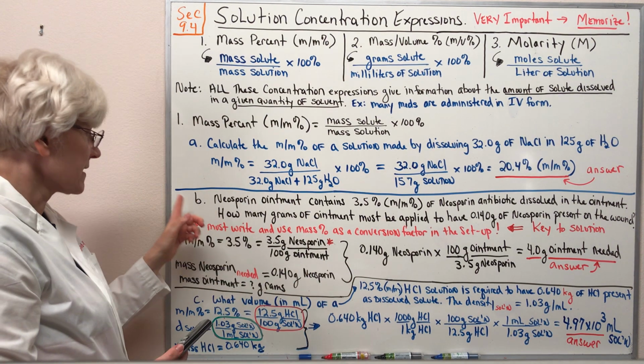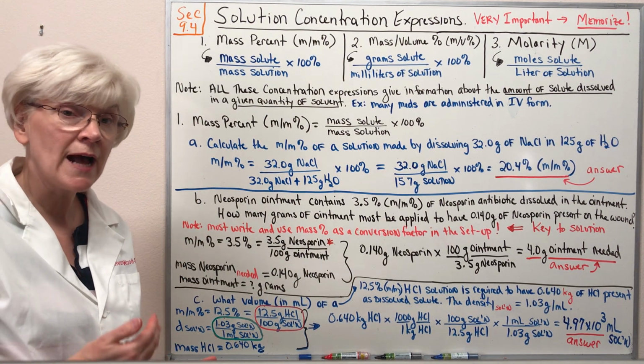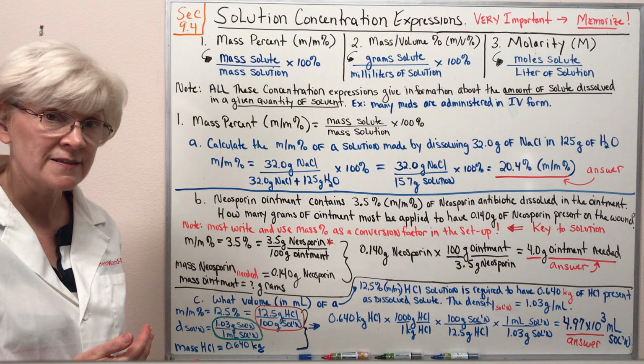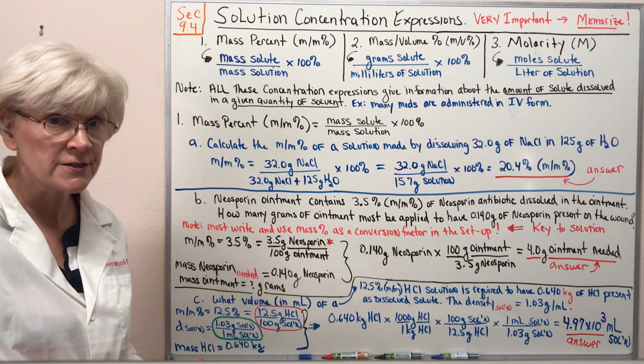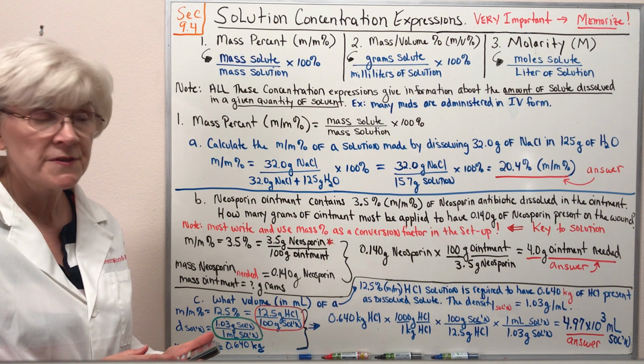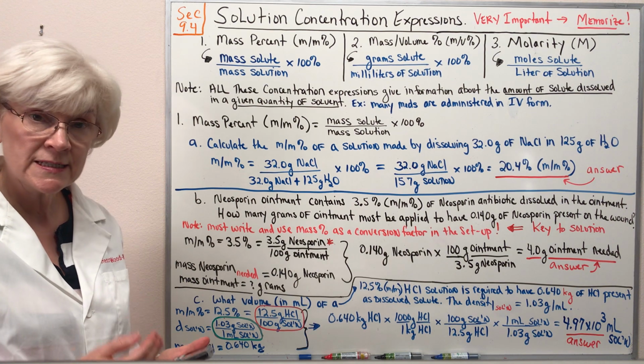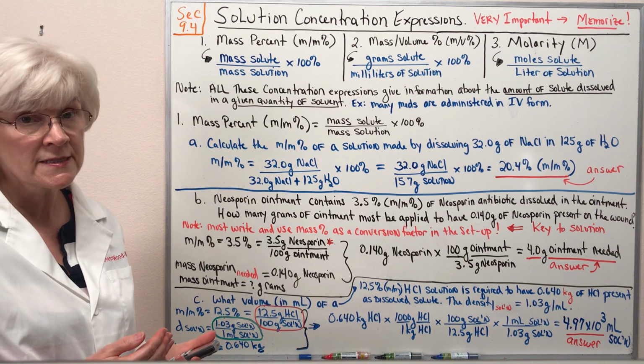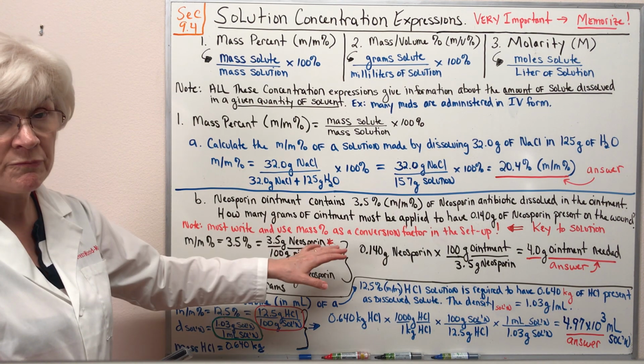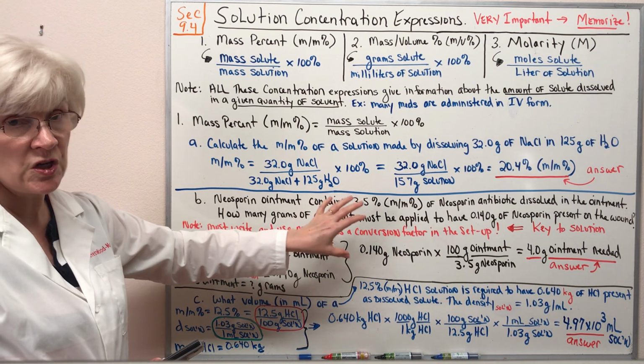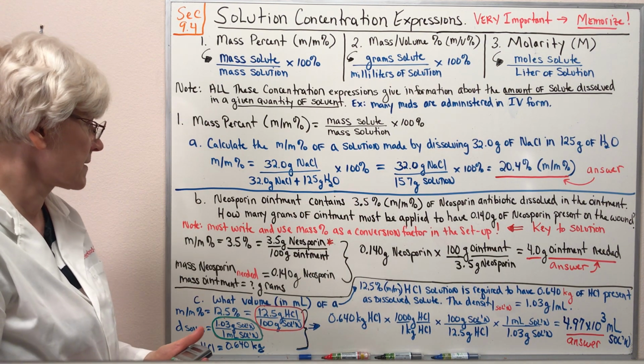In our second problem, we're going to illustrate how we can use mass percent as a conversion factor. So all of the dimensional analysis skills that we've learned throughout the semester will be very important in doing solution concentration calculations.